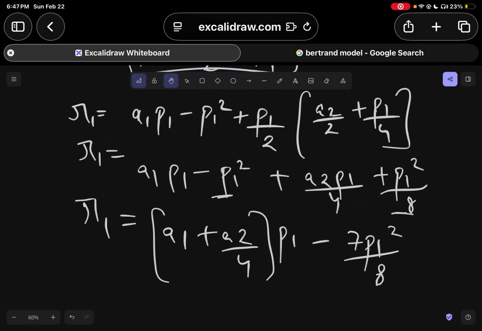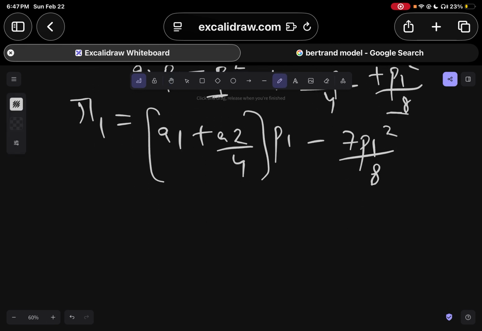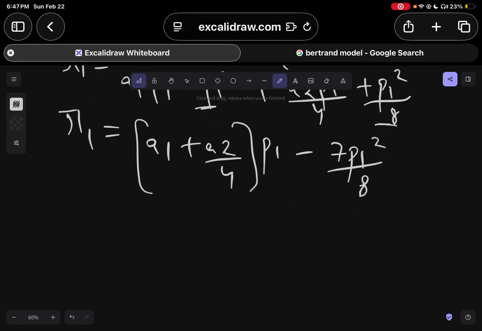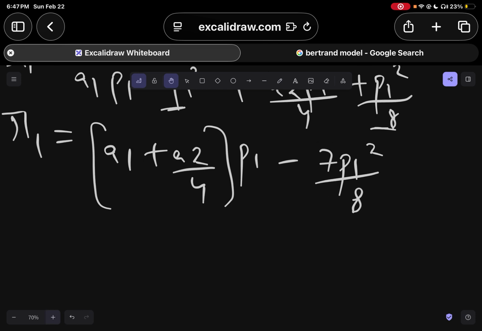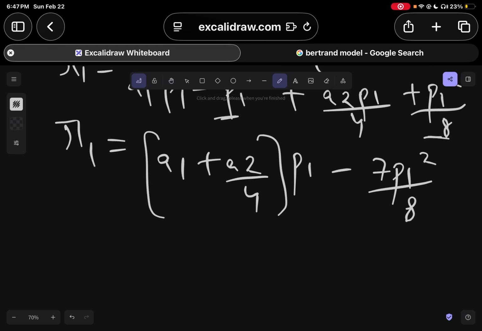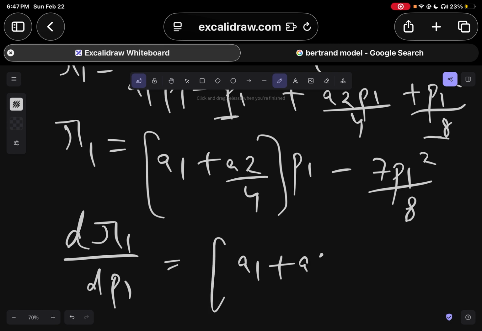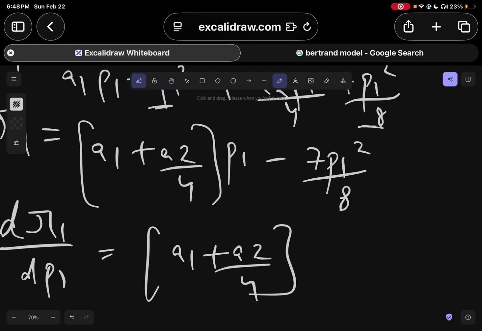Okay, so in order to get the maximized profit, our main goal is to differentiate. d pi 1 upon d P1 equals A1 plus A2 upon 4 minus 7 upon 4 P1.